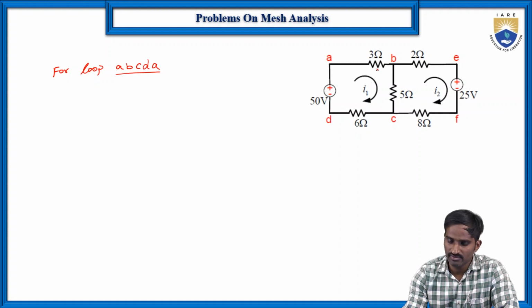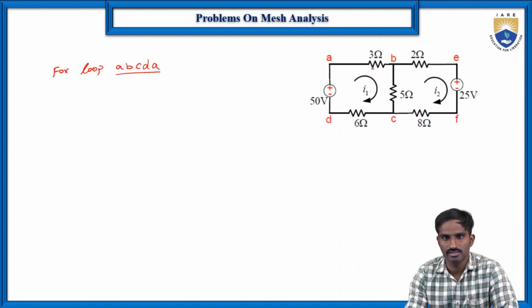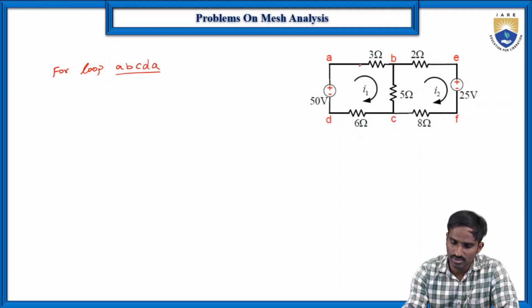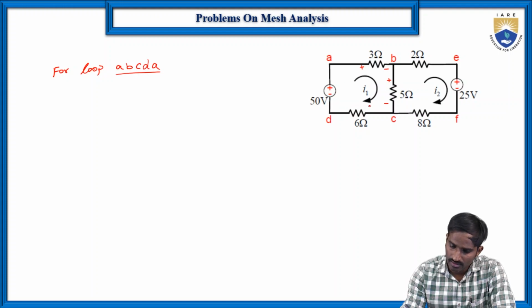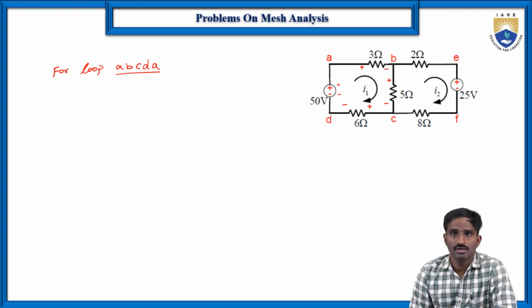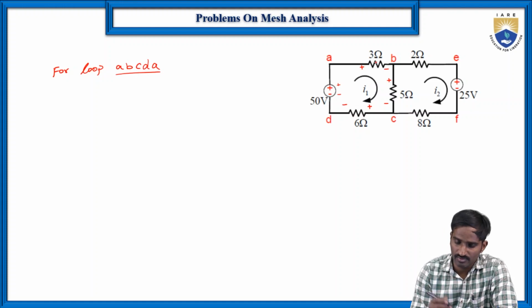The loop direction is up to us, but usually where a voltage source is present, the current flows from high potential to low potential, so we usually start from high potential. Let us consider plus and minus here, but here it is minus and plus. When writing the loop equation, let us start from the 3 ohms.